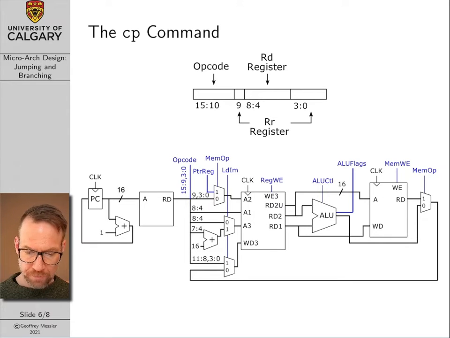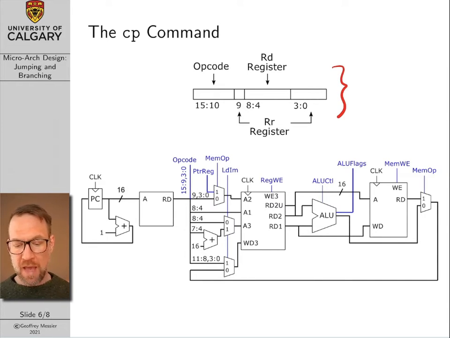This diagram of our microarchitecture shows the modified version of our design that supports the compare command. And it's basically identical. The compare command has exactly the same machine language format as our calculation commands, add, subtract, and or. And this makes sense because the compare command is basically subtract without changing any register values.